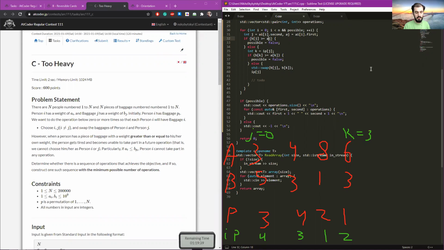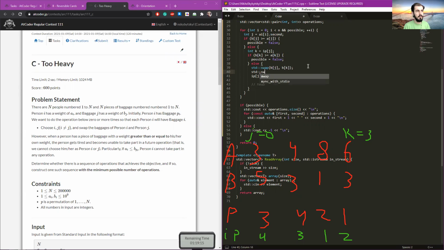I'm going to make it a bit more universal. So we swap their bags and we want to update permutation. I think that we want to simply swap b at j and b at k.